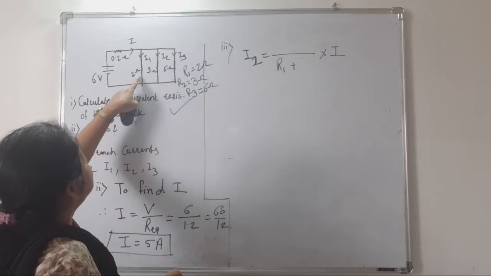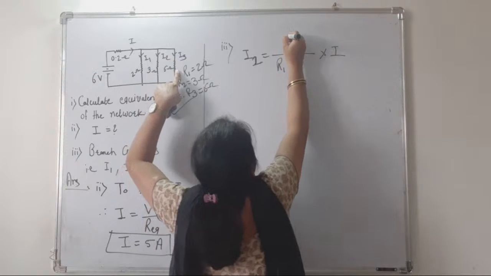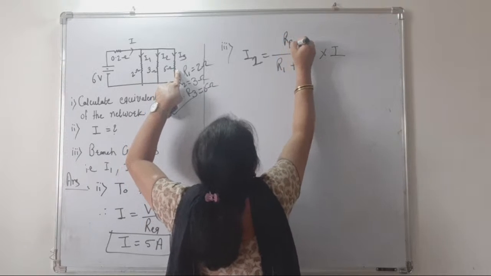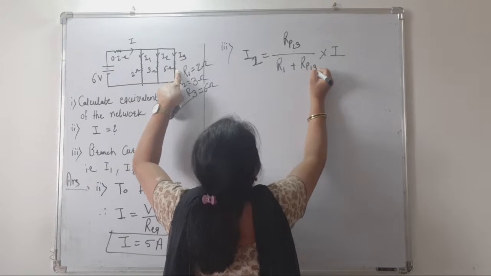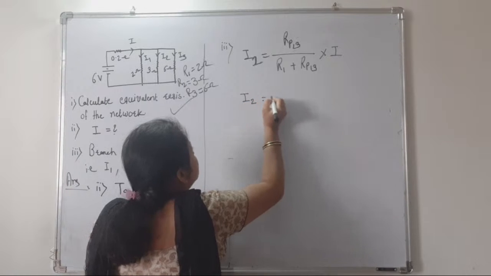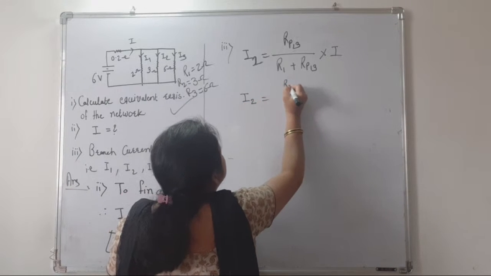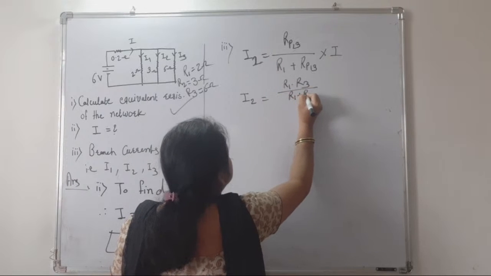So we have to consider the parallel combination of R1 and R3 at numerator, RP13. Here R2 plus RP13 multiply I. So I2 is equal to R1 into R3 upon R1 plus R3.